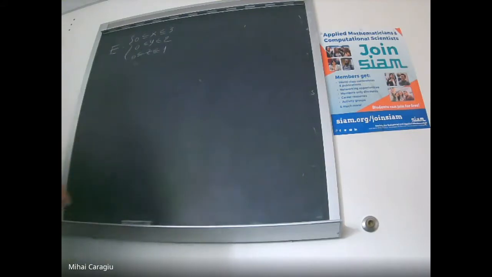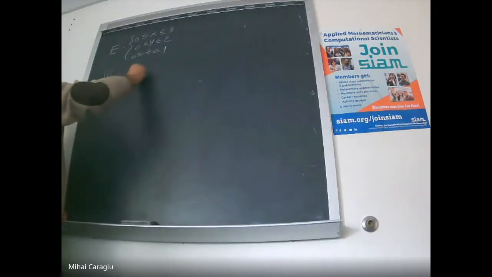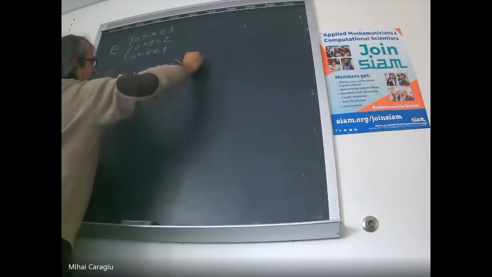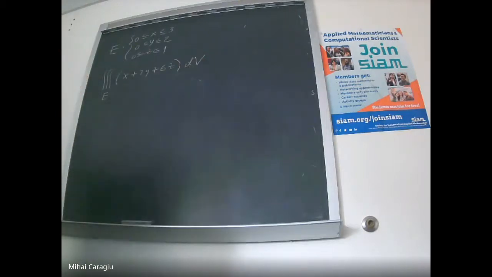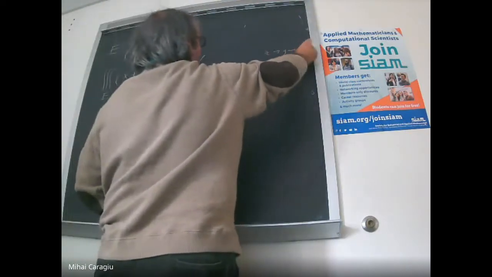So let's calculate the triple integral over this E of the function x plus 2y plus 6z dV. And let's make the choice to integrate z first, y second, and x third.